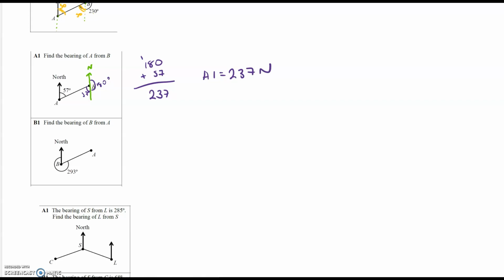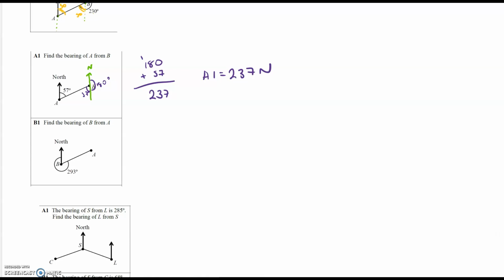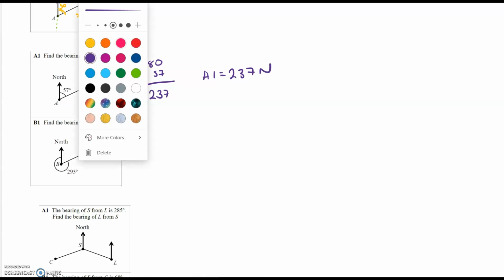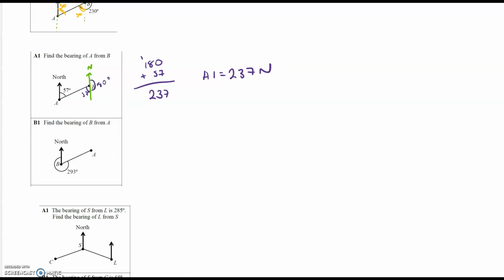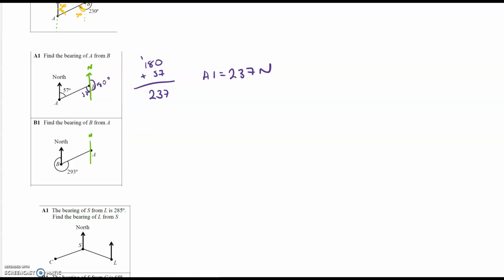Second one, B1, find the bearing of B from A. So again, in this case, I'm starting at A and I'm wanting to find what my angle is going to be. So I'm going to draw in my north in here. I've got a 293 degree angle there. And again, I know that these have to add up to 360, so just for good measure, I've got all my information in here.